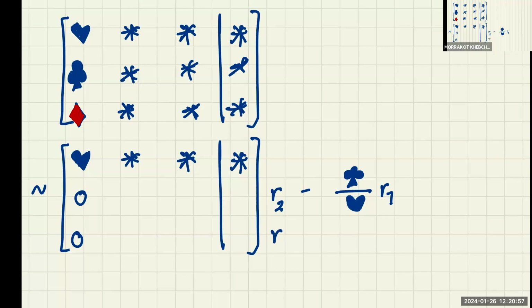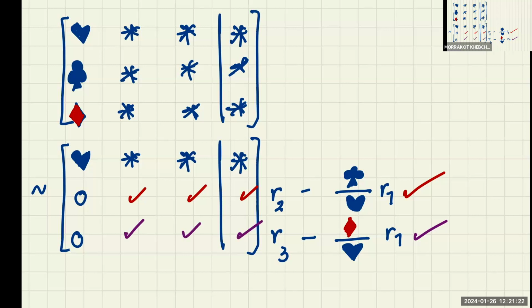Row number 3 subtract by row number 1, make row number 1 equal to 1 divided by the half, and I multiply by diamond. So I can get the 0. And this also applies using the same approach. If you want this one, you use the formula below.